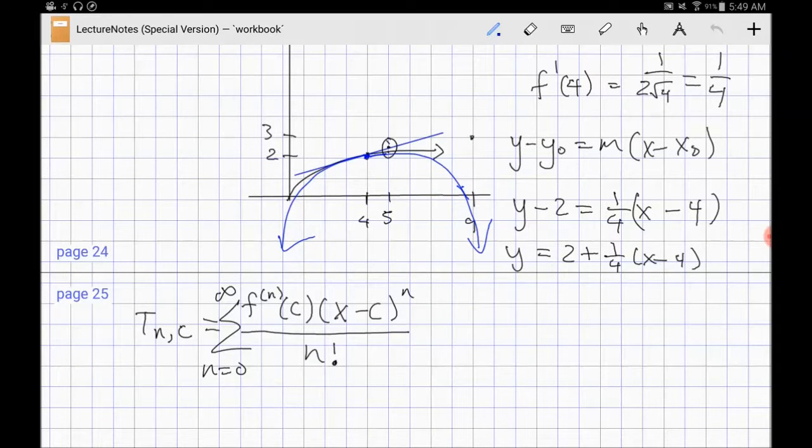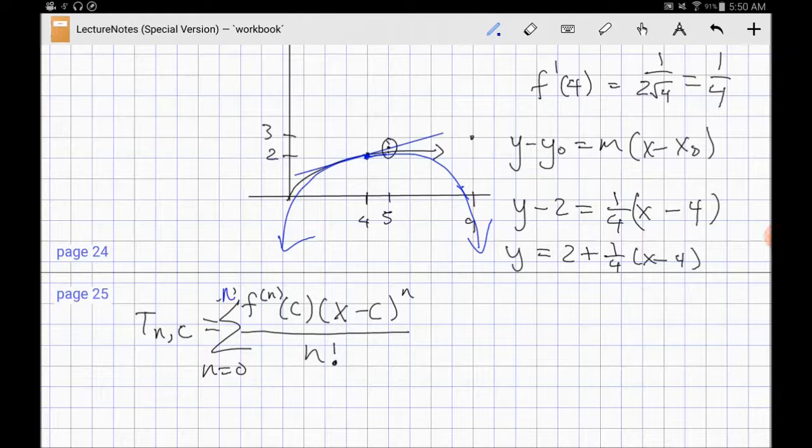To obtain this approximation, we have to use the Taylor formula here. The T stands for Taylor, where n denotes the nth order expansion, and c denotes where we've centered the polynomial. So in this example, we centered our polynomial around 4, and we sum from n equals 0, not to infinity, but to however many polynomial approximations we need.